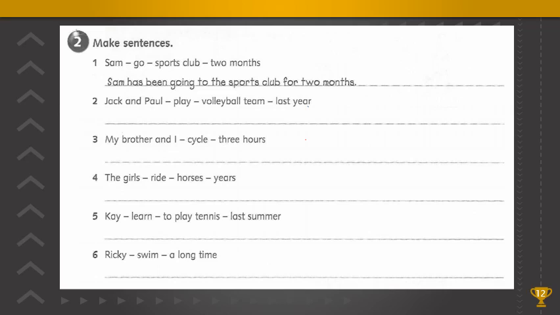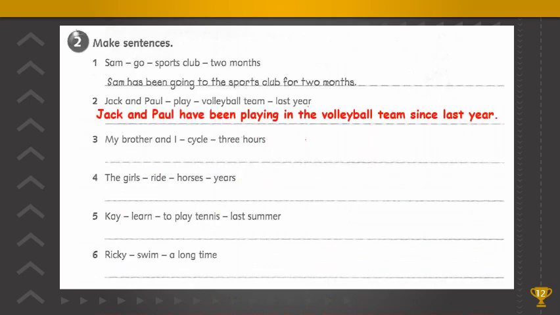What about Jack and Paul play volleyball team last year? Do you have any idea? Okay, so let's try it. Jack and Paul have been playing in the volleyball team since last year.